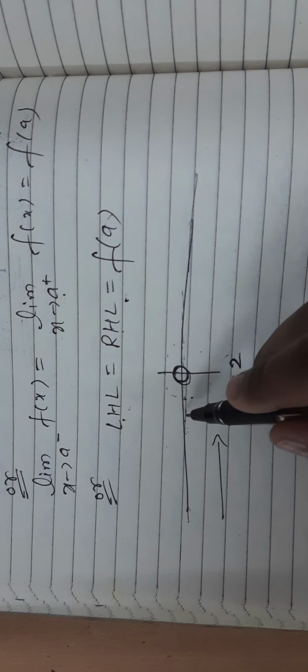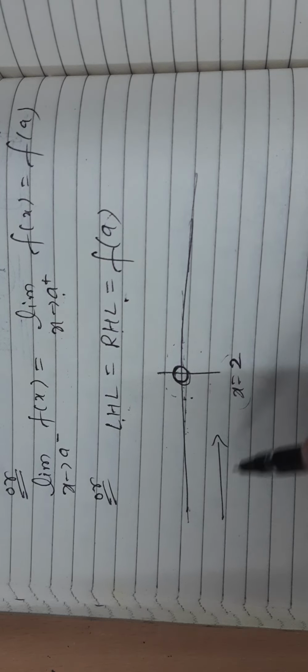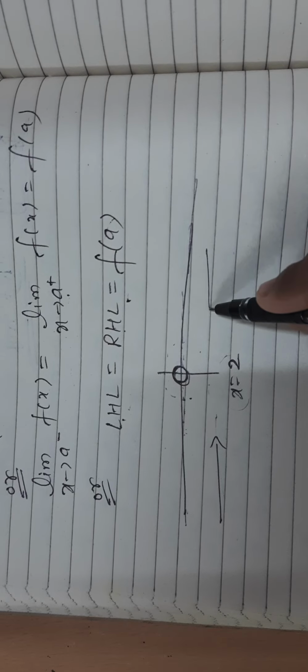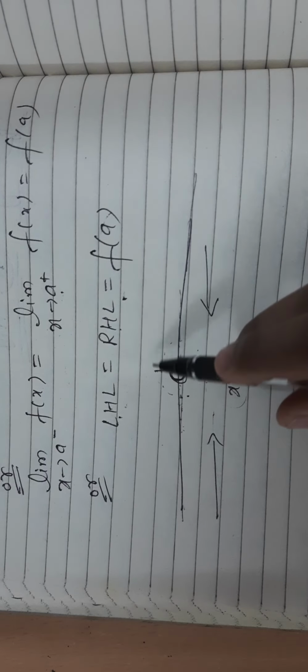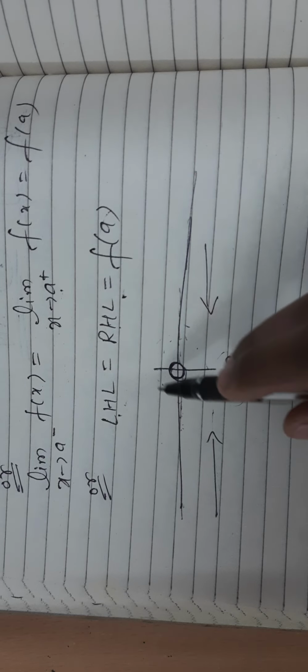So all the points in the neighborhood of x equals 2, we will find the value, and if left hand limit is equal to right hand limit, then the limit exists at this point, somewhere here in the neighborhood.